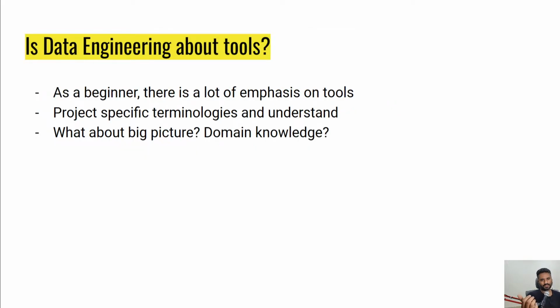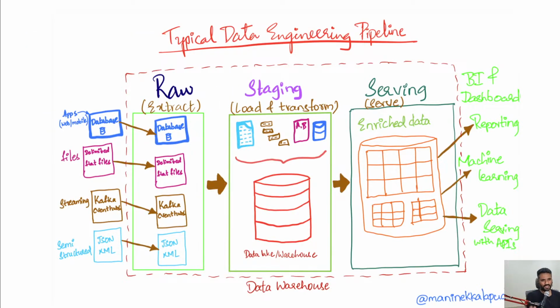If you check the normal typical data engineering pipeline, this would be the pipeline. Basically we will have different systems where we want to ingest the data. As a data engineering team, our first job is to understand these source systems, how they are generating the data, and how we are receiving this data.